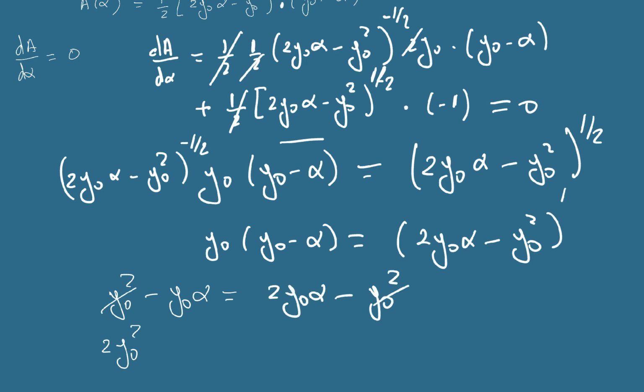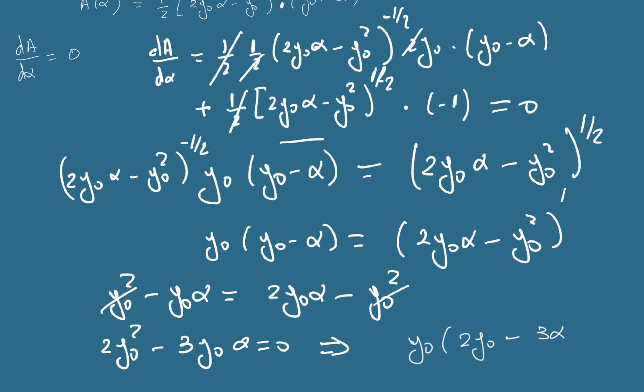And now it will be minus 3 times y0 alpha equals 0. If I take the common factor y0, it would be y0 multiplied by 2 times y0 minus 3 times alpha.